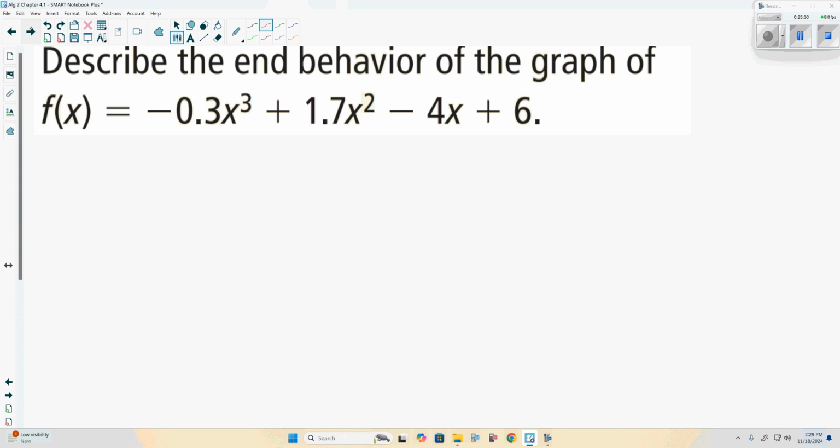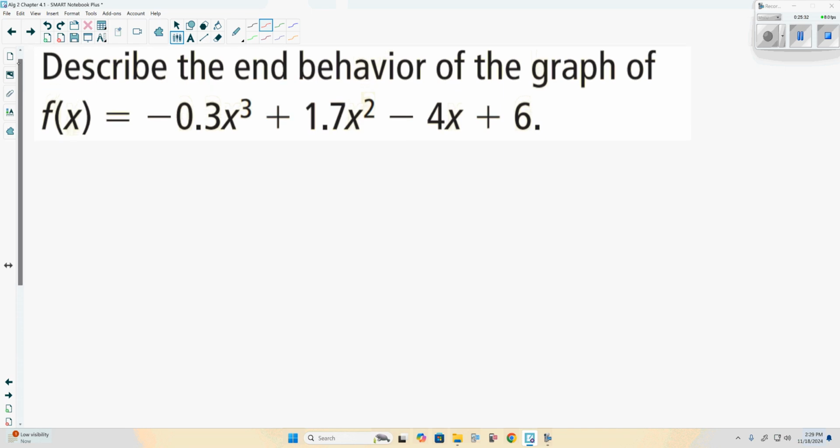Let's look at the next one. So here, the degree is 3, which would be odd. And the leading coefficient is negative 0.3, which is negative.